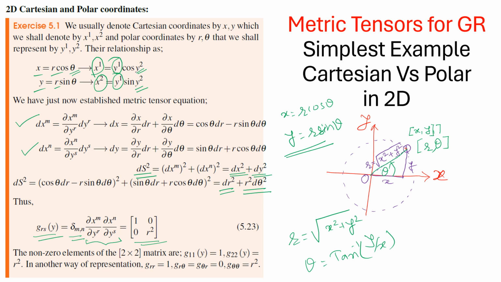So here you can identify that the multiplying factor of dr square is 1, and the multiplying factor of d theta square is r square. Other mixed components are 0. So GRR is equal to 1, GR theta and G theta R are 0, and G theta theta is r square, that you can identify here.